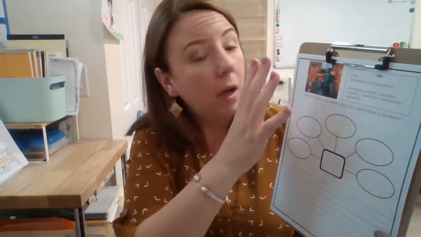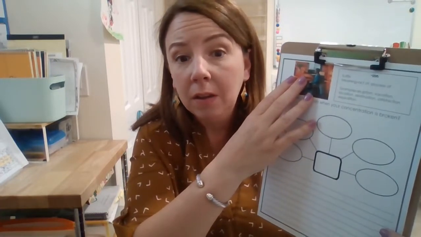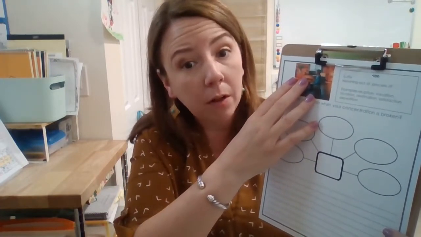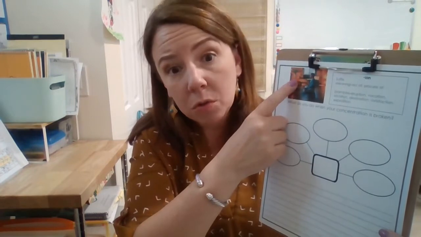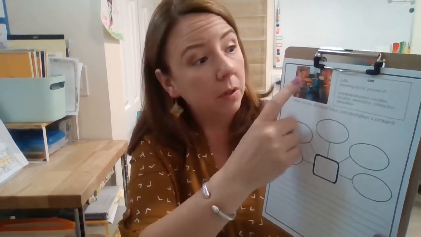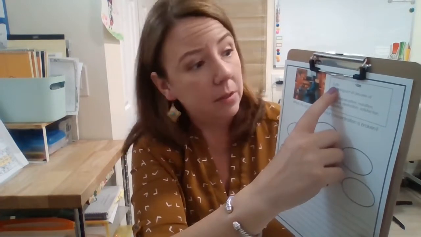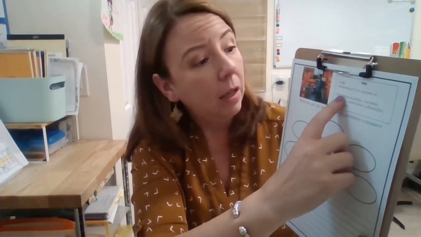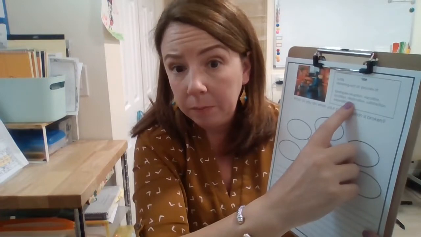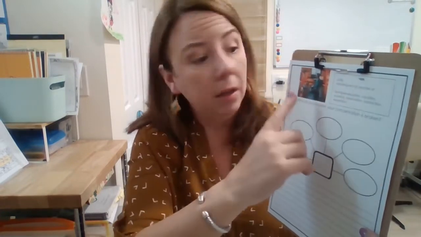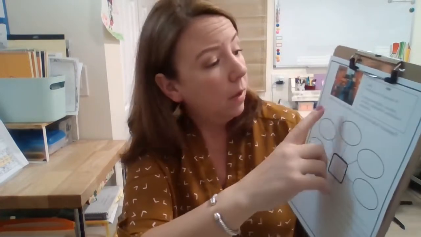Okay, so up here, you'll notice that as with a lot of my other morphology resources, there's going to be a photo to illustrate what the morpheme is. So this is suffix ION, and they would say it's a suffix and the meaning, and then there's always some examples. Okay, so we always have that at the top. Underneath, there's a prompt.